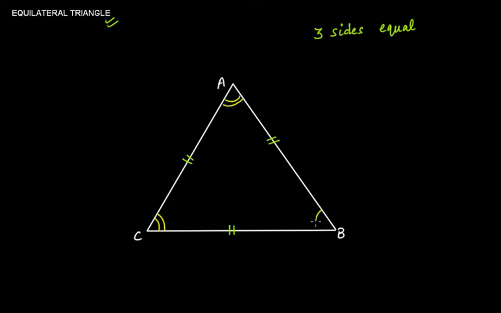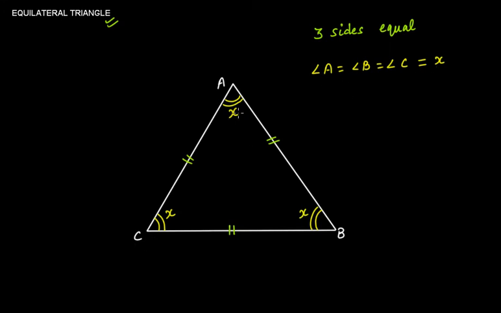So if the condition is angle A is equal to angle B is equal to angle C, let us assume that the angle is equal to X. Let's assume this is X, then this will also be X, and this will also be X.